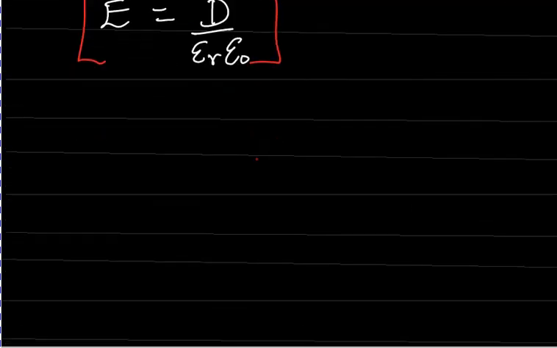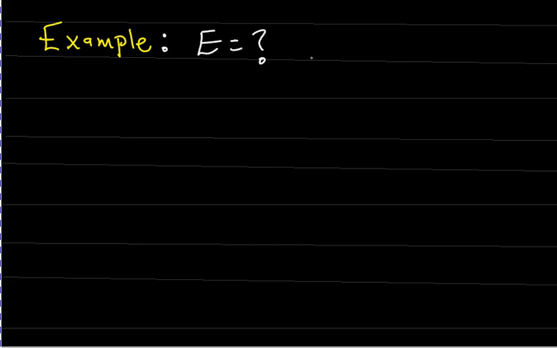Let's work on an example. I've given you some formulas, but we need to solve some questions. The question is: we're asked to calculate the electric field at a point with a distance of 5 cm from a charge Q of 6 microcoulombs.